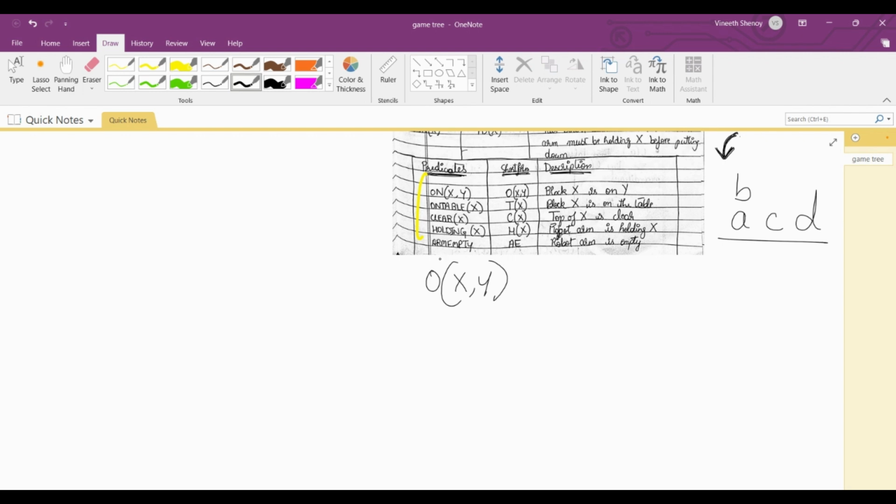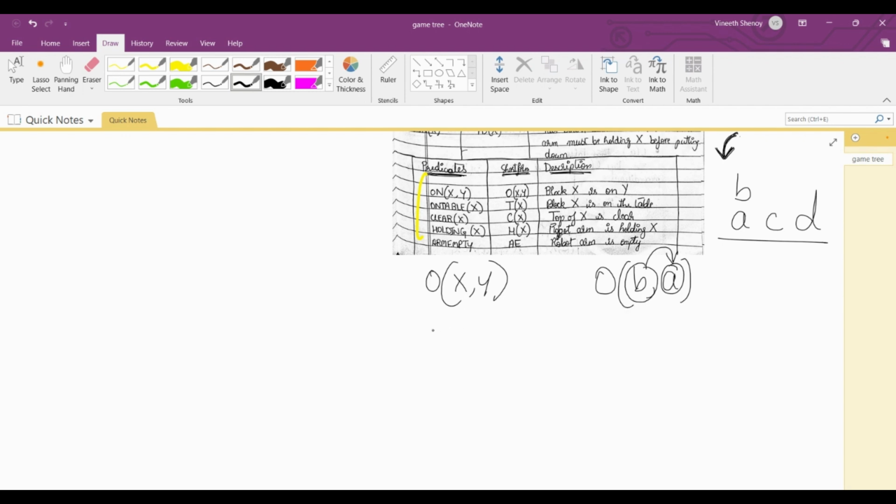So now we have certain predicates to define certain functions of this block world. For example, on of x comma y, that is O of x comma y. For this example, we can say block B is over block A. So we can give this as O of B comma A, which means this block is on top of this block.